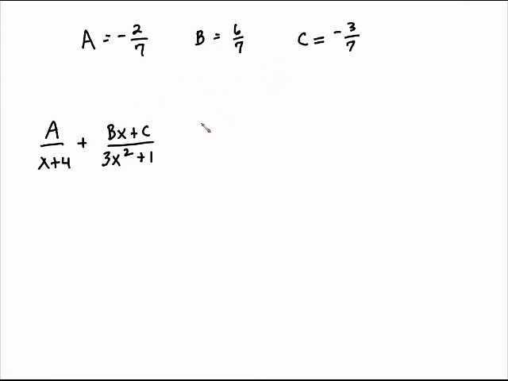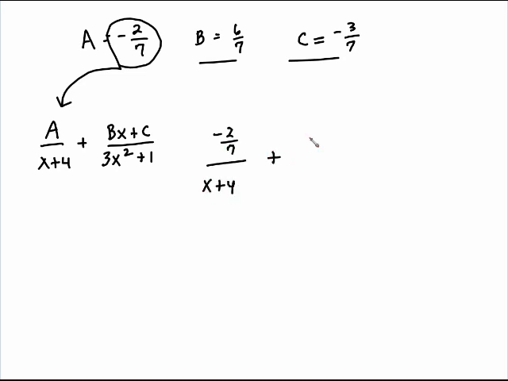So I've copied this information on a clean page here. Here were my values of A, negative 2/7, B was 6/7, C was negative 3/7. This was our basic format from the first page, so all I have to do now is plug this in for A and these values in for B and C. So that will give me negative 2/7 over x plus 4 plus 6/7 x minus 3/7 all over the quadratic 3x squared plus 1.